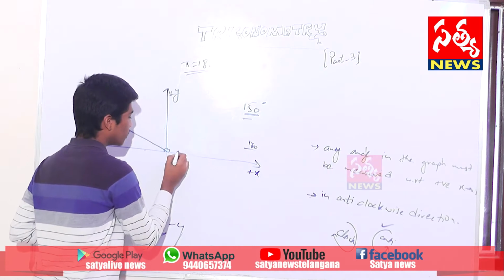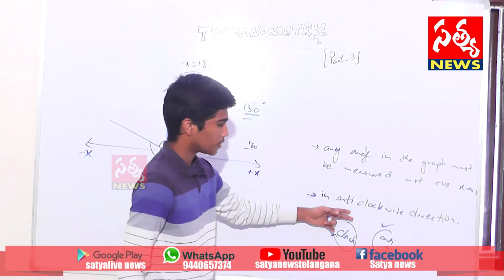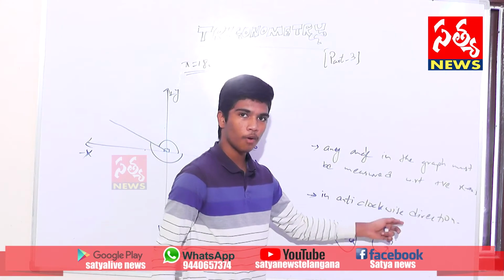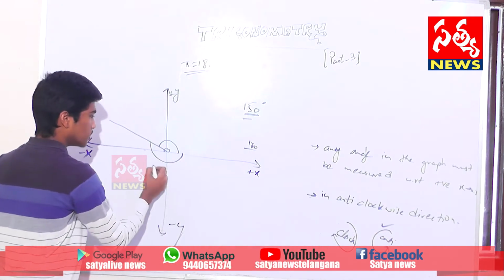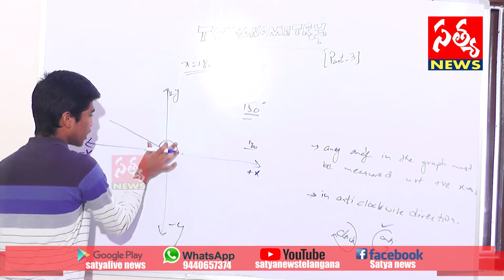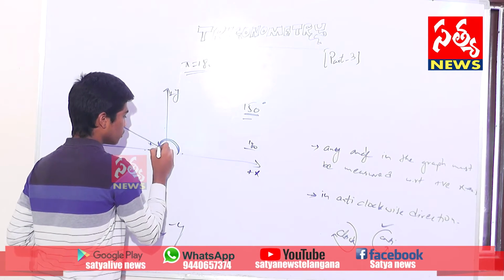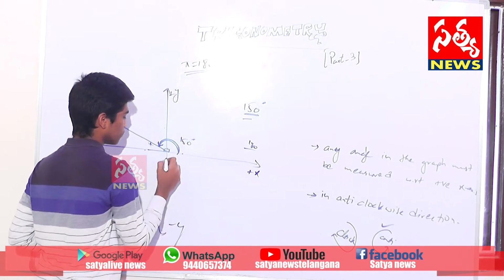From the first point we can measure in two ways, like this and like this. But as per the second point, it must be in the anti-clockwise direction. This is the clockwise direction, so we should not take this direction; we should only measure the angle in this direction. According to this, this is 150 degrees.